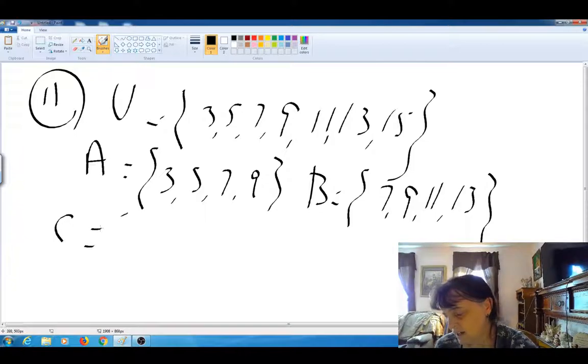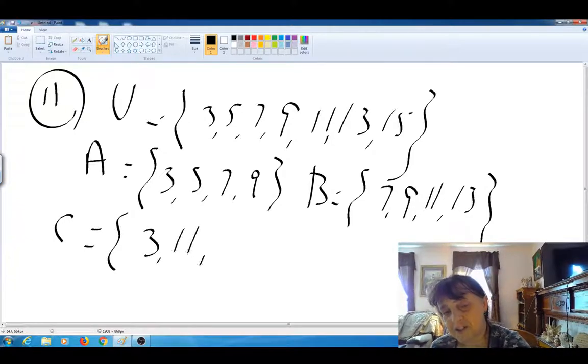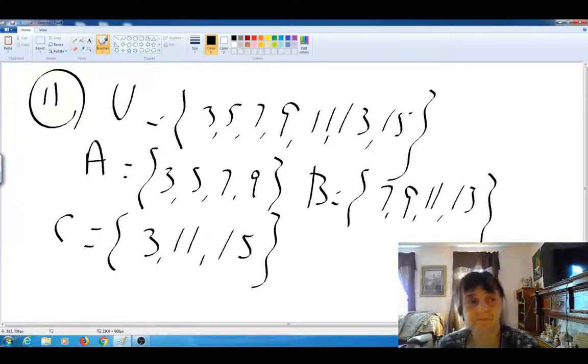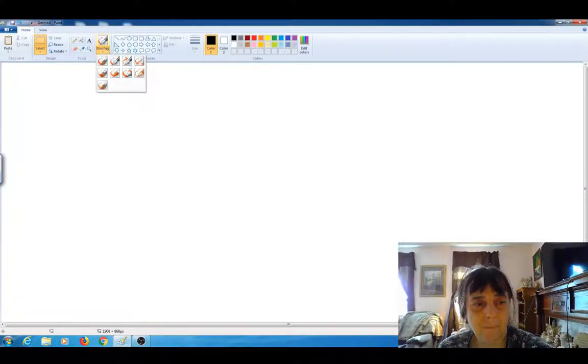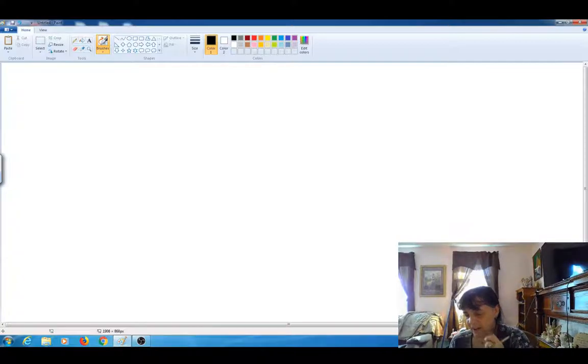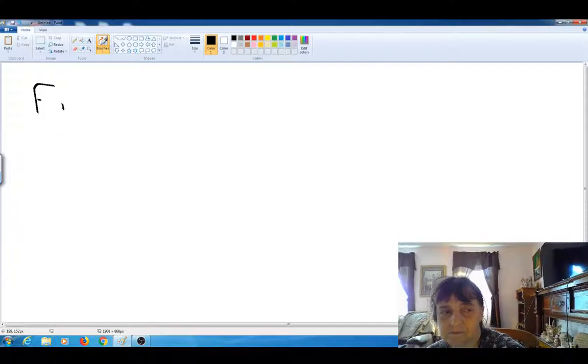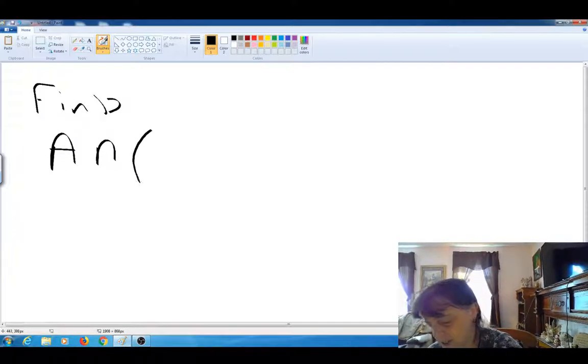And C is 3, 11, 15. Find A intersect B intersect C prime.